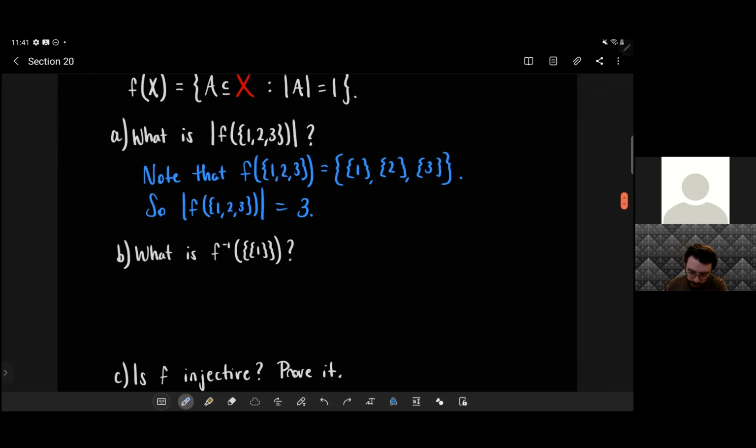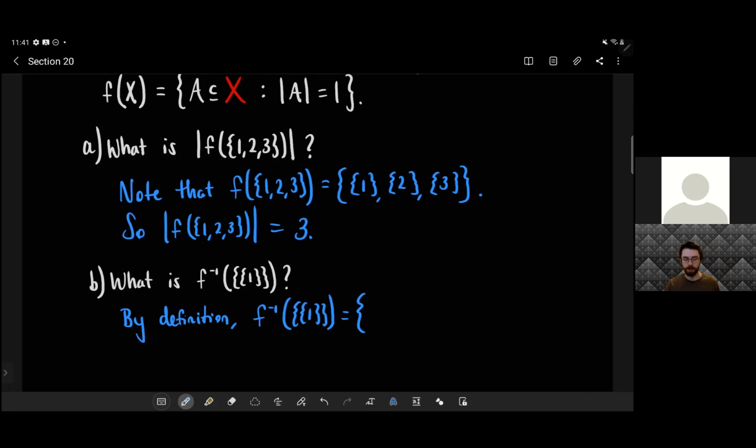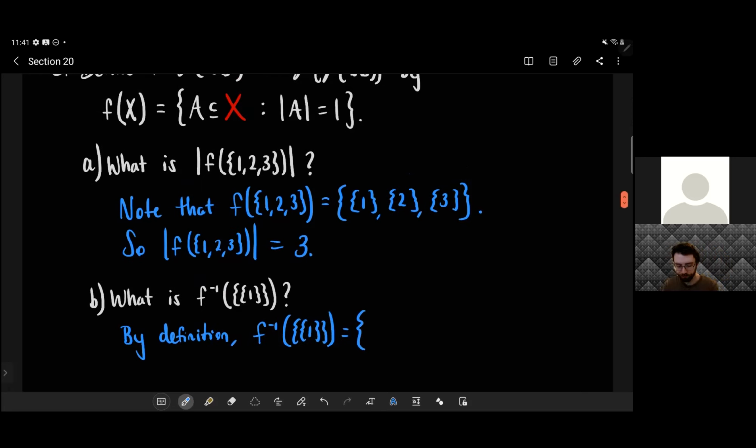So the pre-image, let's write out the definition just so we remember it. By definition, the pre-image of this thing is the set of all elements in the domain mapping onto it. So what's our domain?